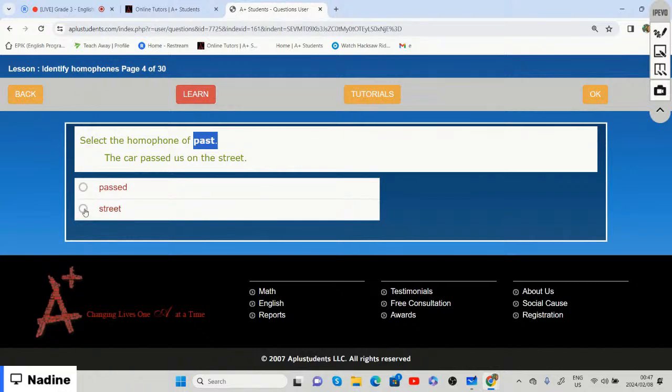And if we select the homophone of the word past, then we'll choose option one, right? It's like when a car has passed you, right? It went past you in the streets.